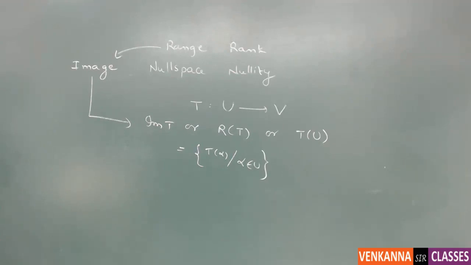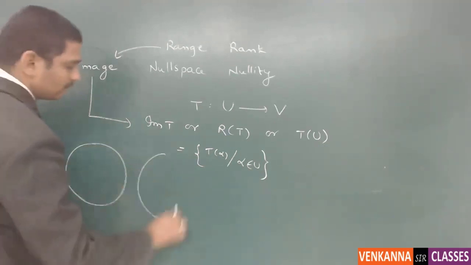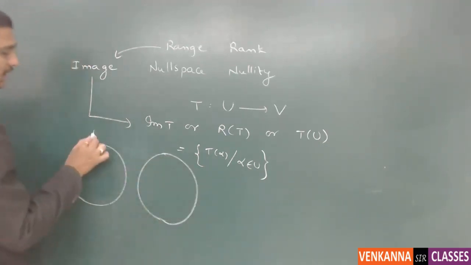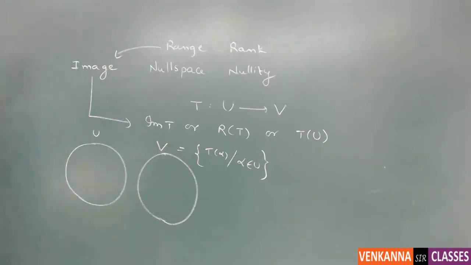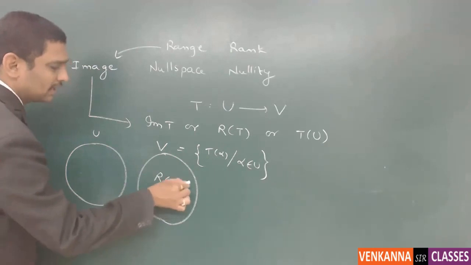Now the interesting thing is, the image set is a subspace in the codomain. So if you observe that, if T is a transformation from U to V, R of T is a part in the codomain.